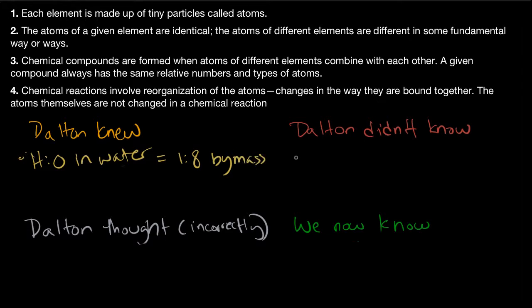What Dalton didn't know was that the atomic weight, or the atomic mass, for hydrogen was equal to 1 gram per mole, and atomic weight for oxygen was approximately 16 grams per mole. This was kind of important.